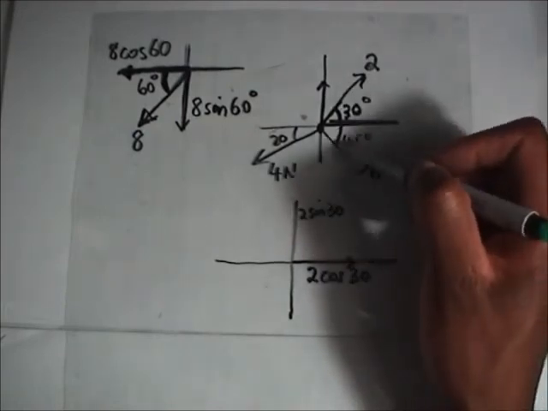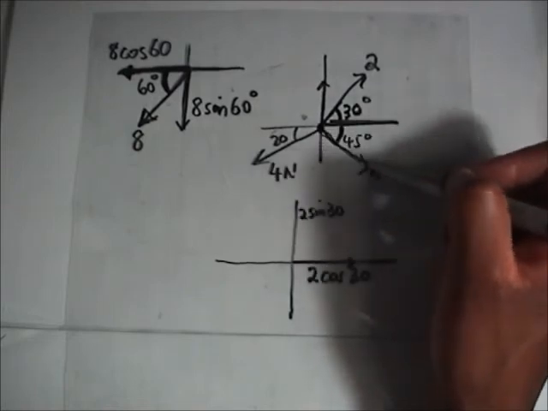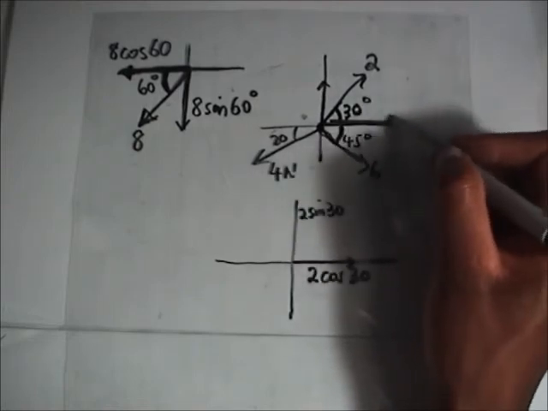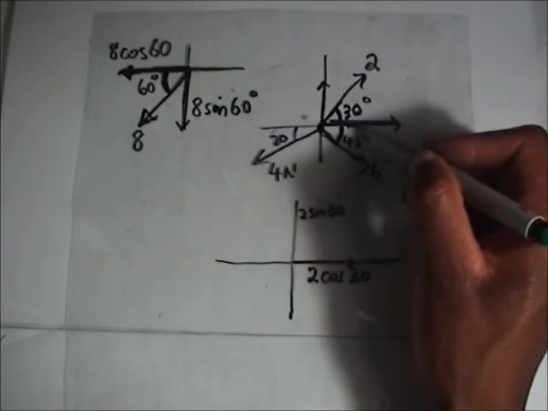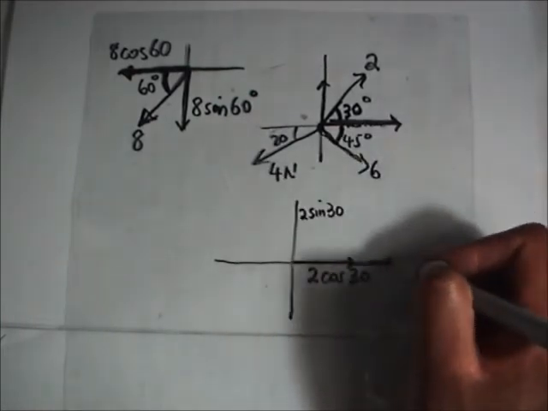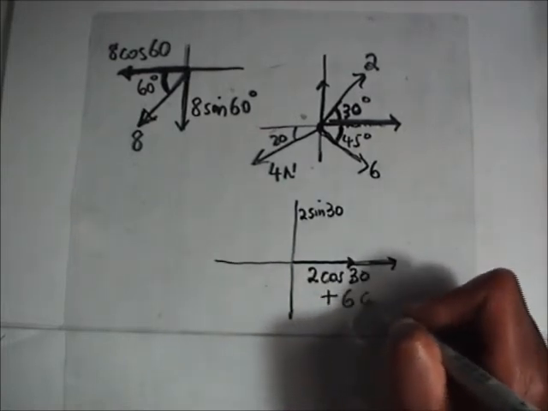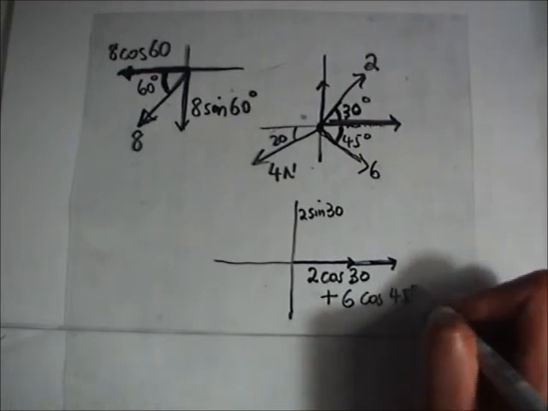Same applies for the 6 newton. The 6 newton is trapping this 45 degrees between itself and the what? And this horizontal direction. So this direction is the one that we have cosine when it comes to the 6 newton. So in this direction, I have a force which is 6 cos 45 degrees.